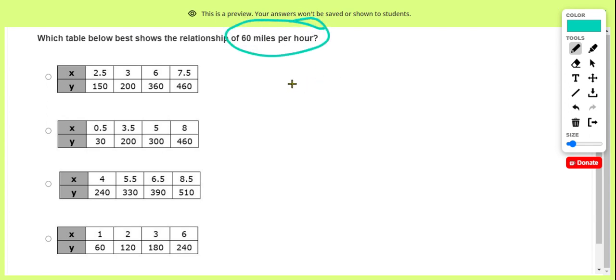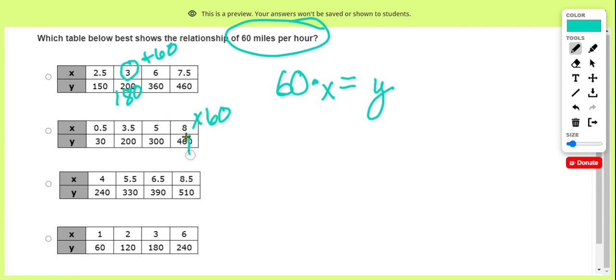60 miles per hour. So we have 60 multiplied by x equals y. So we are checking to see times 60 is 180. And we have times 60 equals 480, times 60 equals 360.